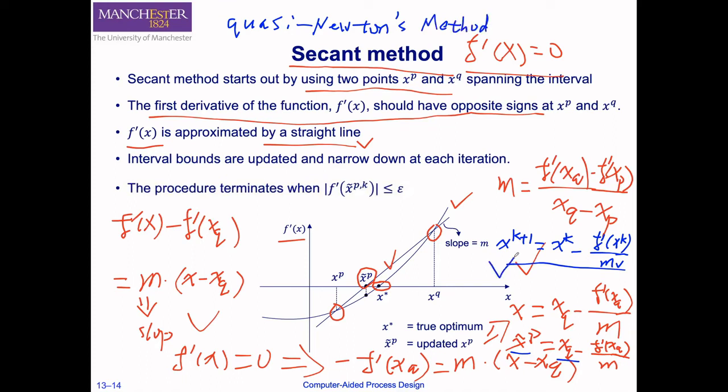Using this formula, we can do iterations and find a sequence of better approximations to the root of equation f prime x is equal to 0. At each iteration, once we find a better approximation using this formula, we need to evaluate the first derivative at this approximation and check its absolute value.